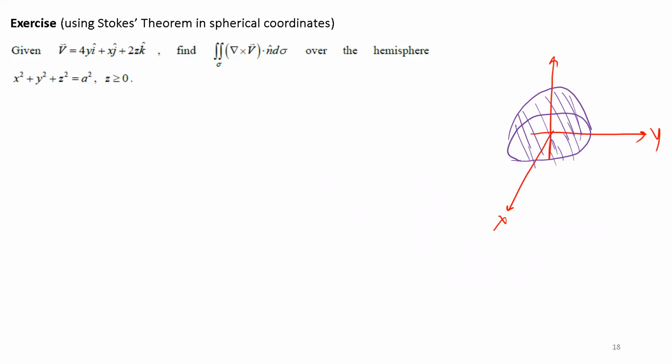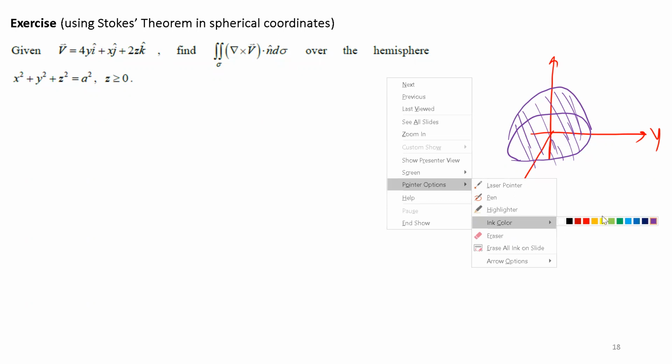This vector field V is everywhere in this space, and I just don't draw it. If you take the curl of V, the curl of V itself is also a vector field.